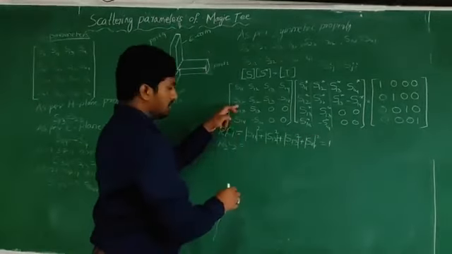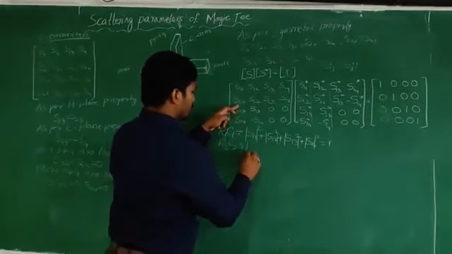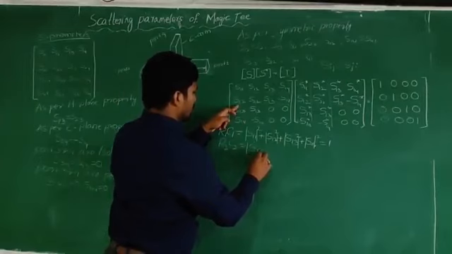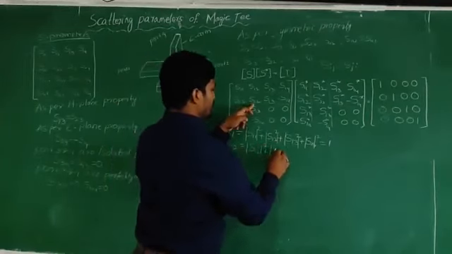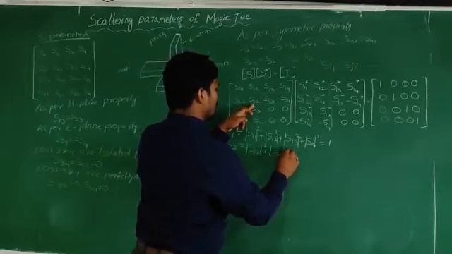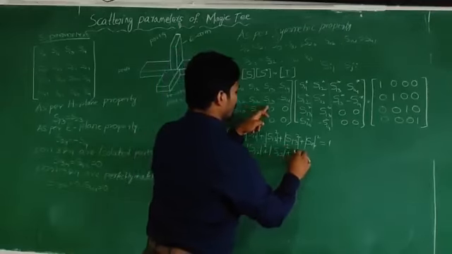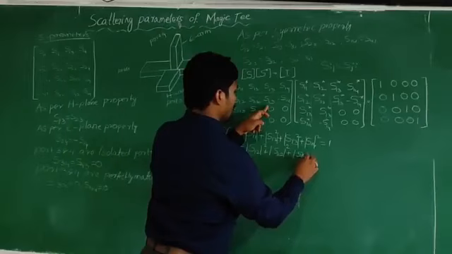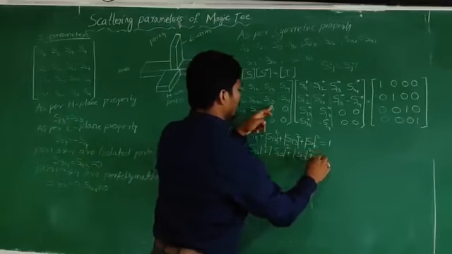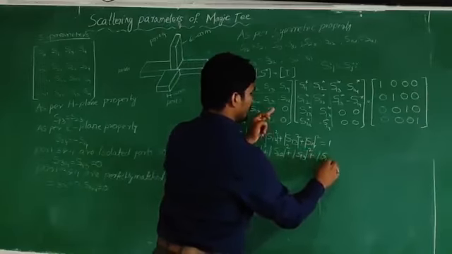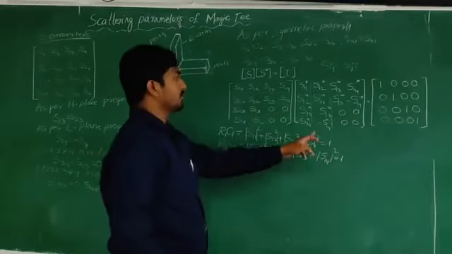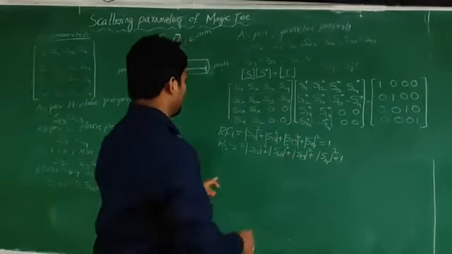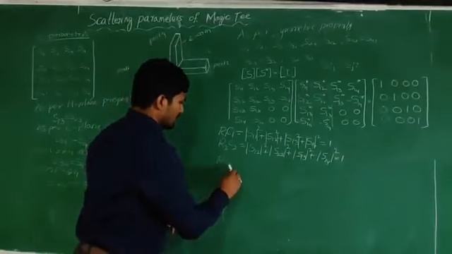Okay, now R2 C2: modulus of S12 square plus modulus of S22 square plus modulus of S13 square plus modulus of S14 square. In modulus the minus will be plus.